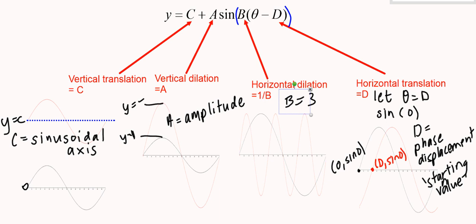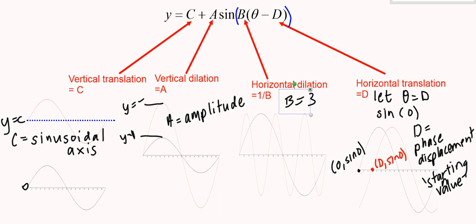If you see here, the red graph completes 3 full cycles of sine in the time that it takes the black graph to complete one cycle. The red graph goes up and down and back to the middle, three full cycles, in the time it takes the black graph to go up, down, and back to the middle just one time. So I've squished it by a factor of 3, and the period is 1/3 as big.